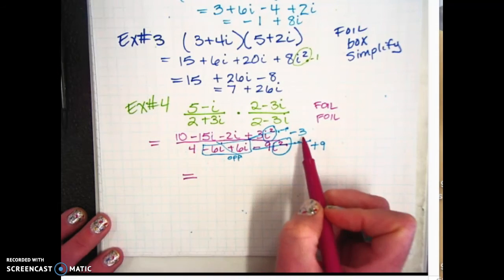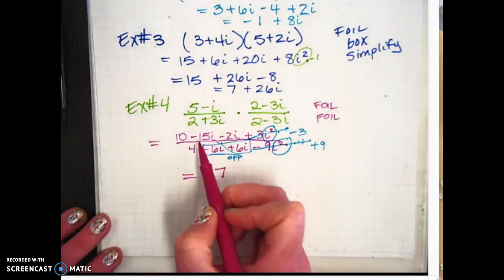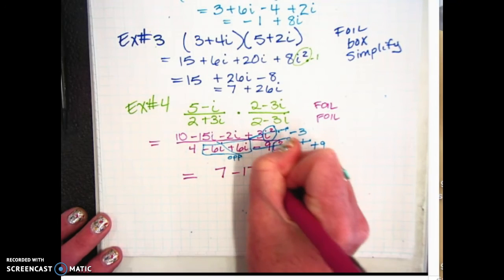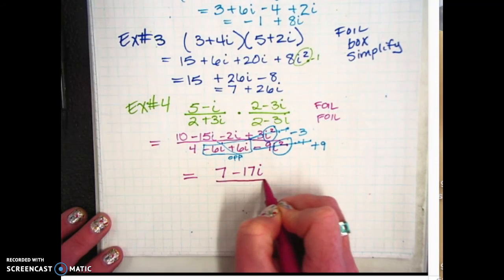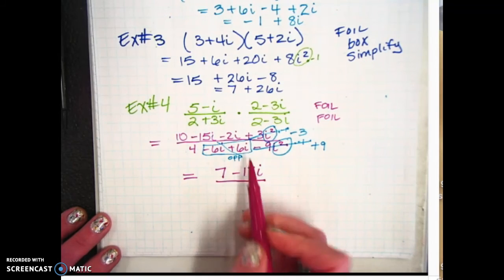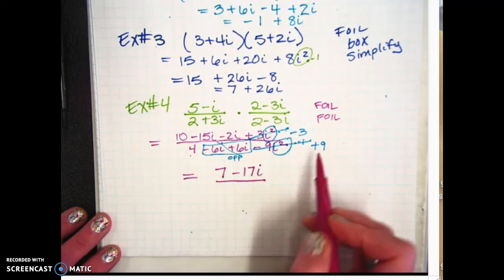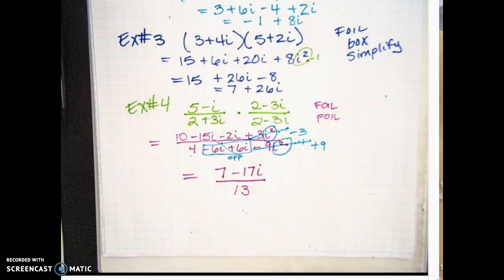So 10 minus 3, we get the 7. And then the imaginary numbers, the -15i minus the 2i is -17i. And we've got our complex number in the numerator. In the denominator, all the imaginary parts are gone, and we're just left with 4 plus 9, which is 13. All right?